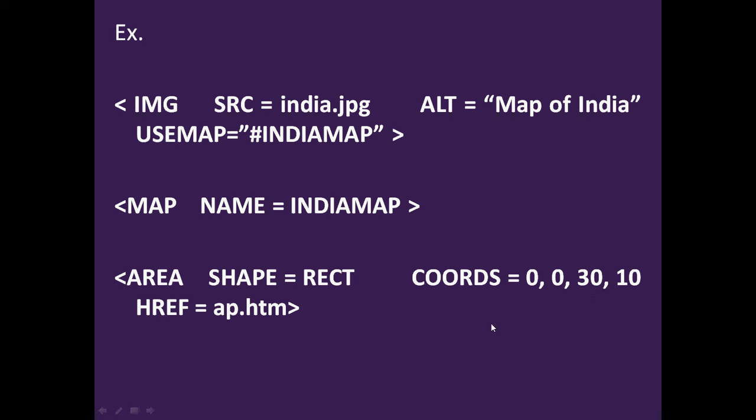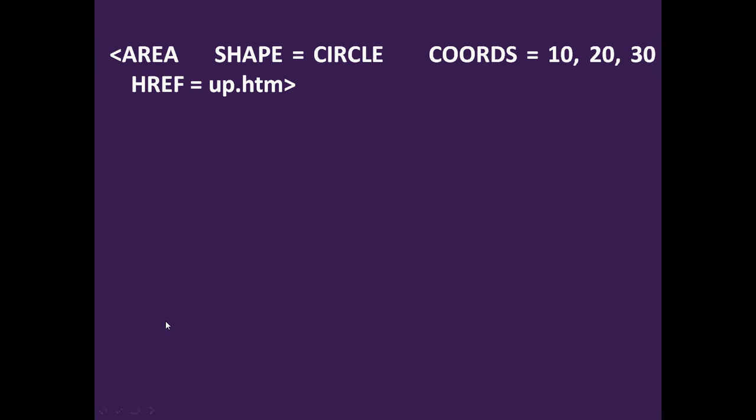In case of rectangle, we have to specify x1, y1, x2, y2, where x1, y1 are coordinates of the upper left corner and x2, y2 are coordinates of the lower right corner. And what is the web page? ap.htm, that is the web page that is to be invoked when we click on the rectangle surrounded by these coordinates, that is specified using href, hyperlink reference.